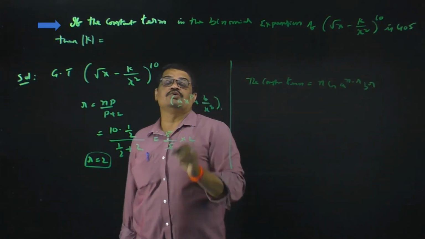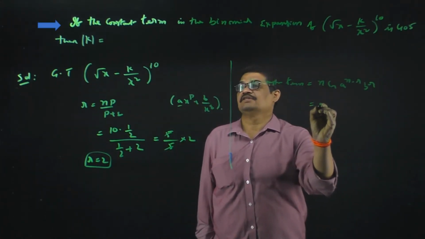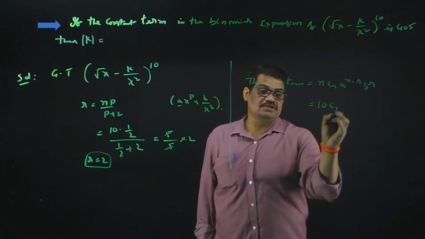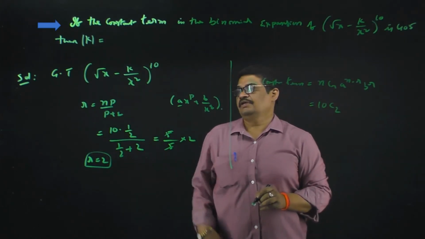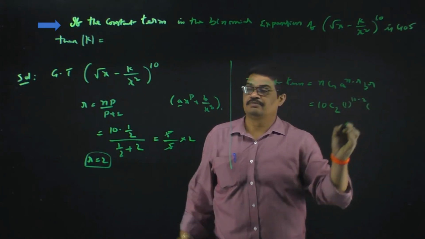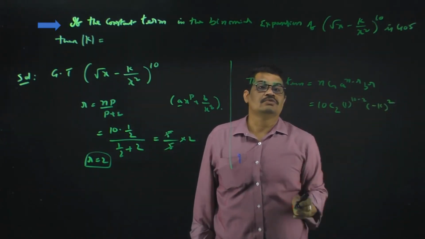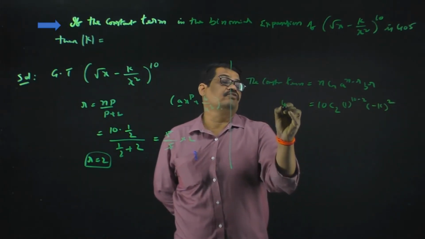Here a is the coefficient of the first term. Here n is 10, r is 2, so 10C2. Here a is 1 to the power of 10 minus 2. What is b? b is minus k to the power of r, that is 2. This constant term is given as 405.